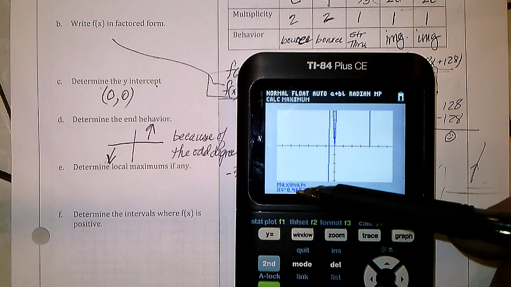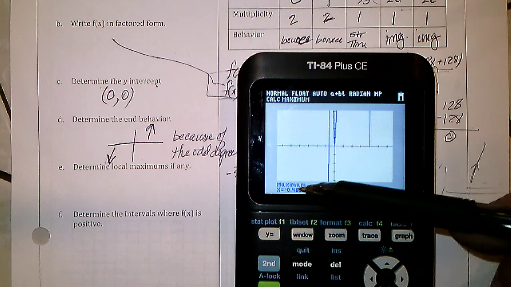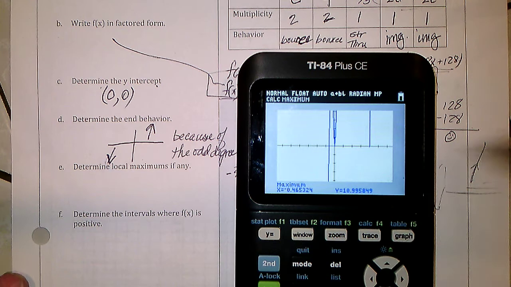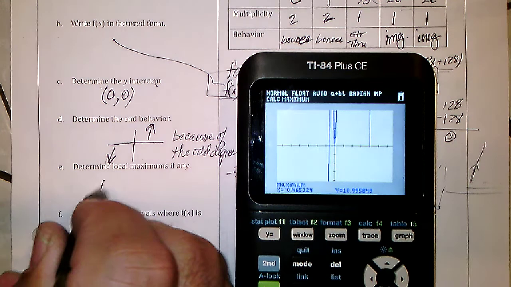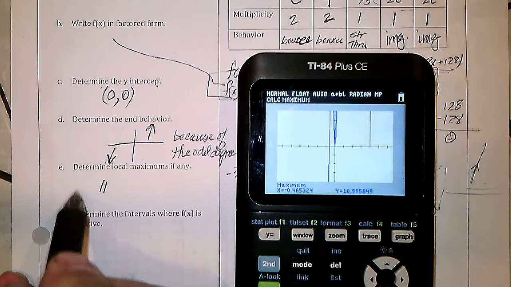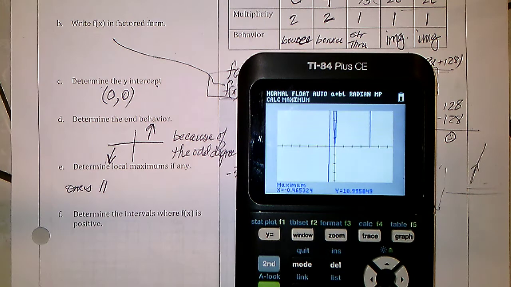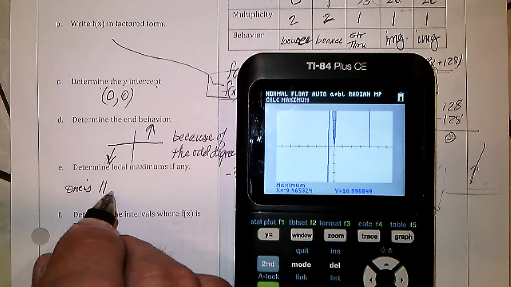And it says, no, at -0.46 is where the maximum is, but the maximum is basically 11, 10.9958. So basically we got a maximum at 11. So one of them is 11. What's the other one?